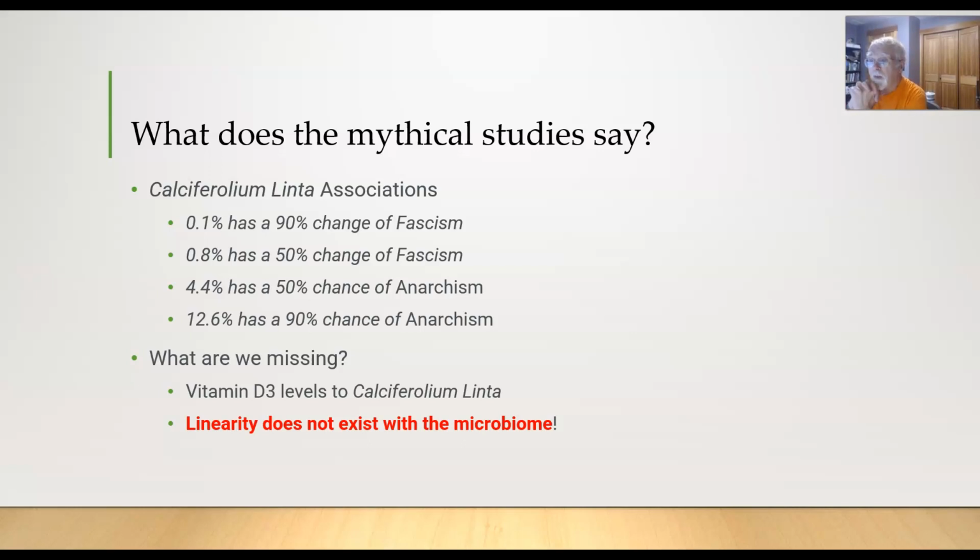What are we missing? We are missing any idea of what vitamin D levels are to species of bacteria. Key thing to remember, linearity does not exist with the microbiome. And that immediately usually raises the bar for understanding what's going on significantly, because we are no longer dealing with a linear relationship.